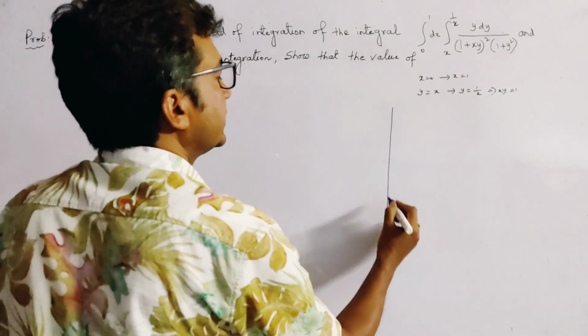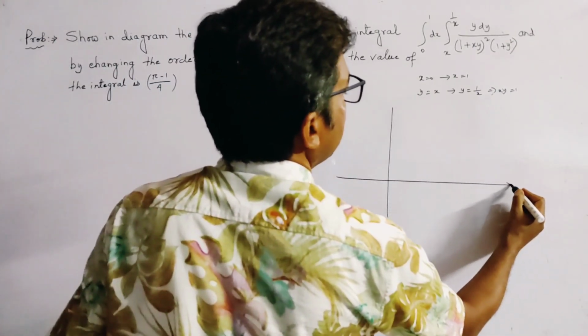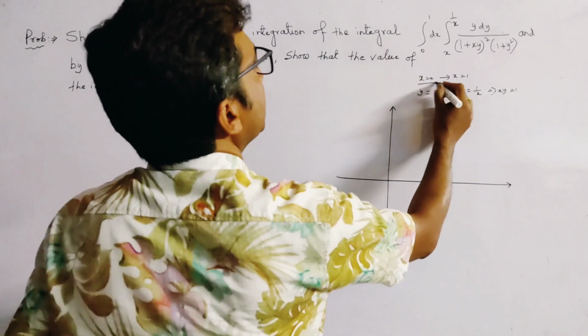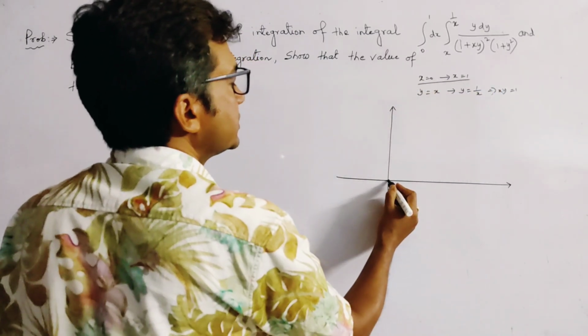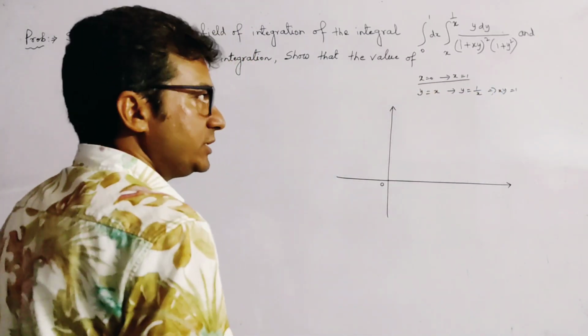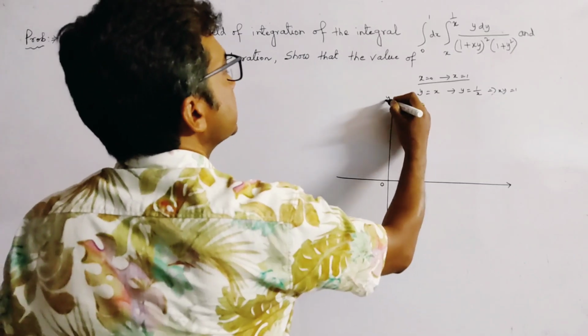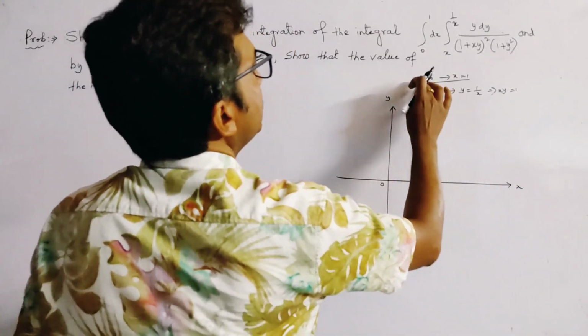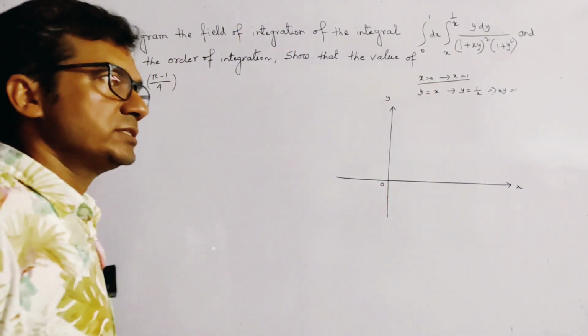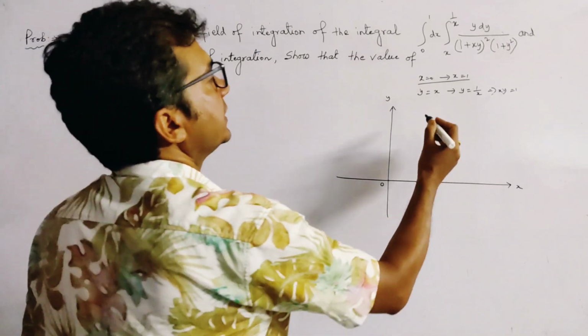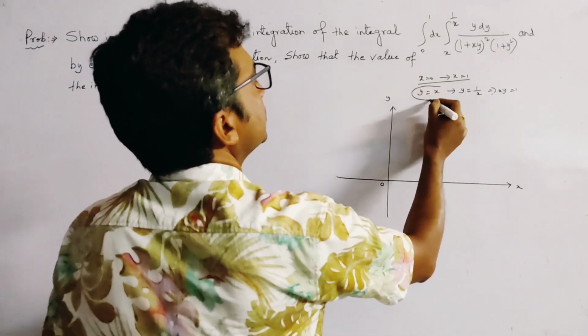So we draw the first quadrant only, because the value of x is from 0 to 1. This is 0, that is the origin, this is the y axis and this is the x axis; x equal to 0 means the y axis. Here are two curves.